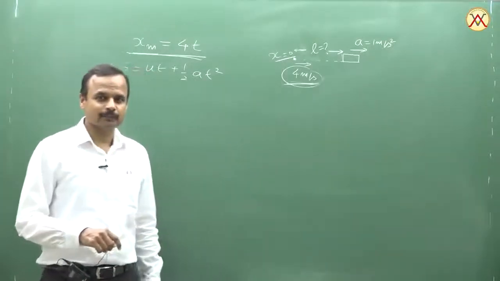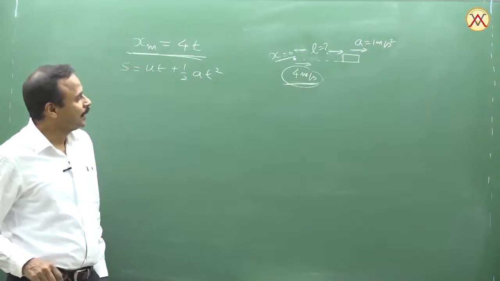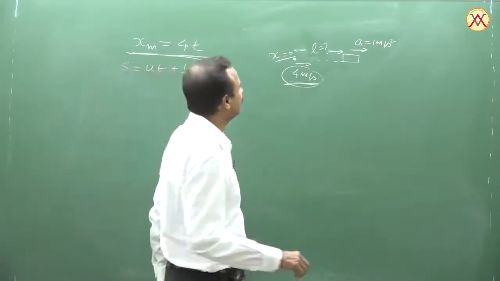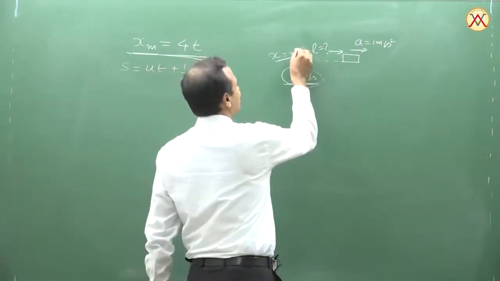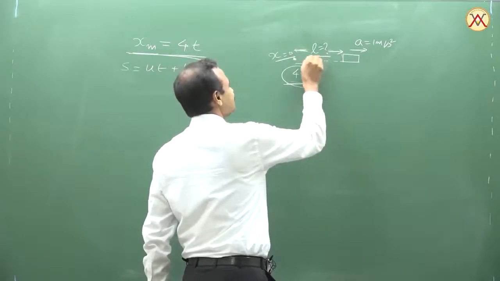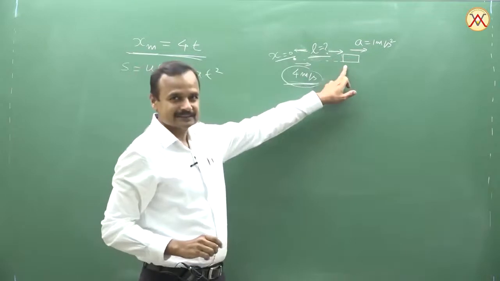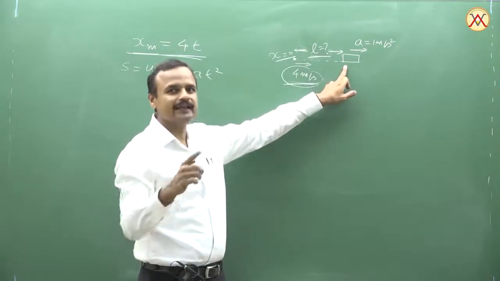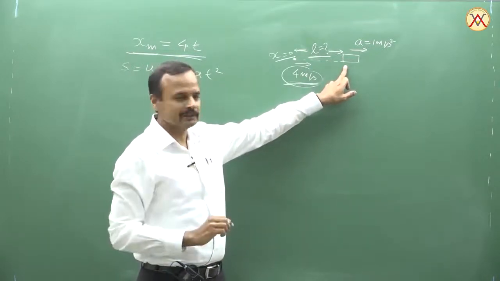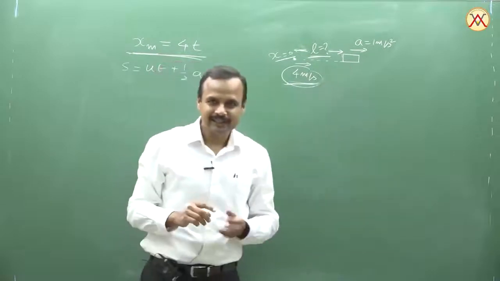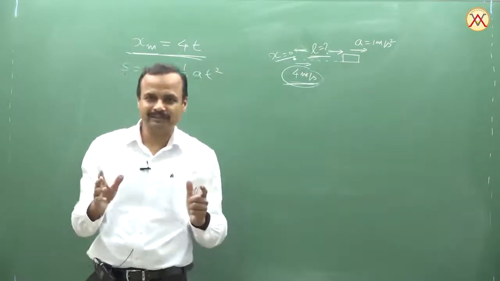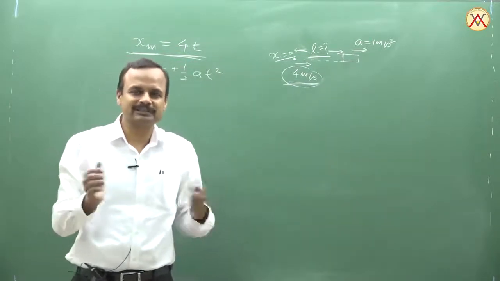Now here is the third part to this problem. This time we have to find the maximum initial separation of the man from the bus so that he can just catch the bus. We have seen that he can catch the bus if the separation is 6.